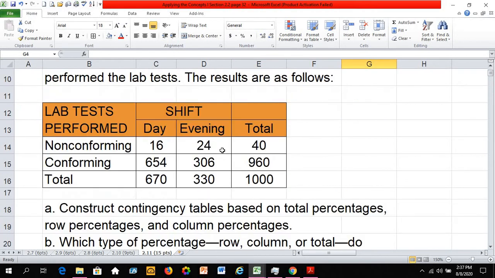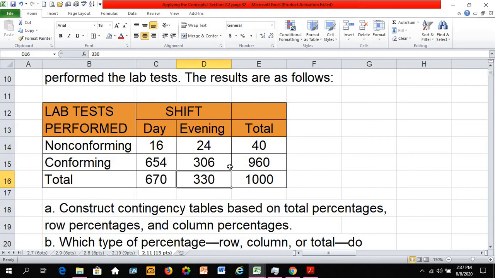So this is the result after a week. On a day shift, the total lab tests is 670, and those that need to be redone, that's 16. On an evening shift, the total lab test for a week is 330, and the tests that need to be redone is 24.